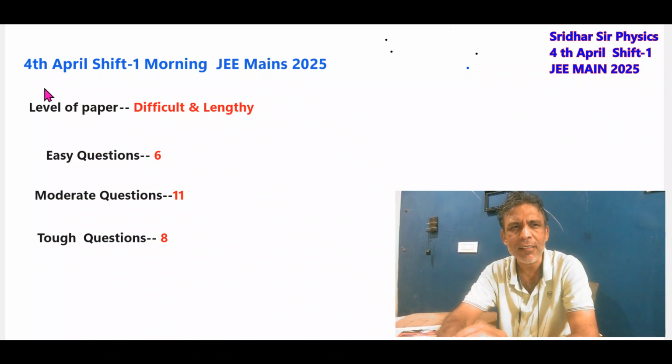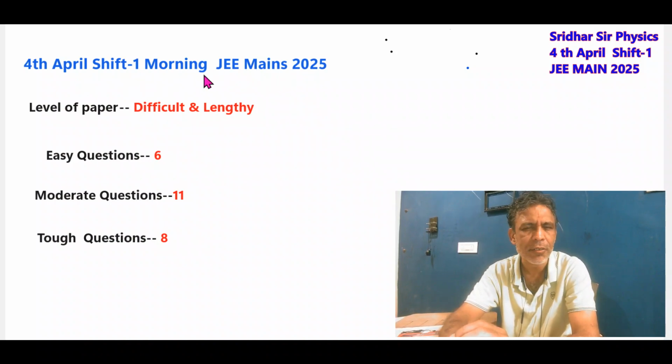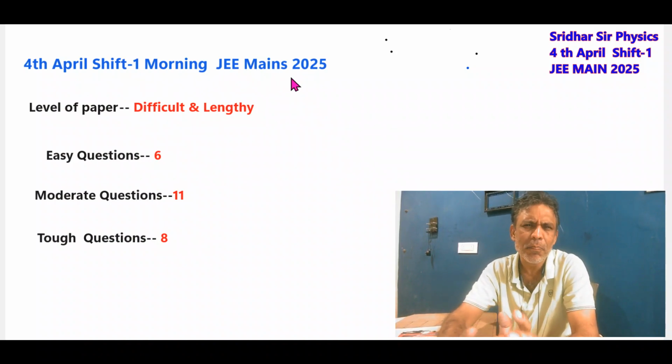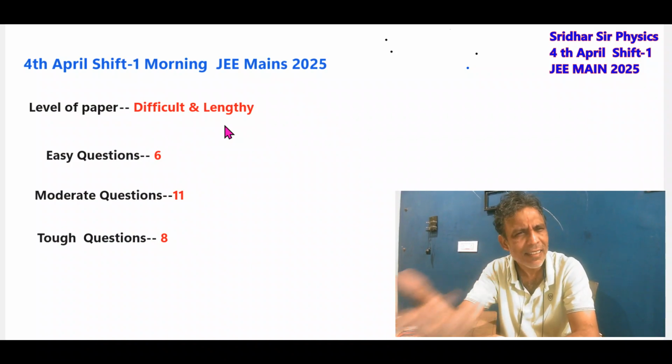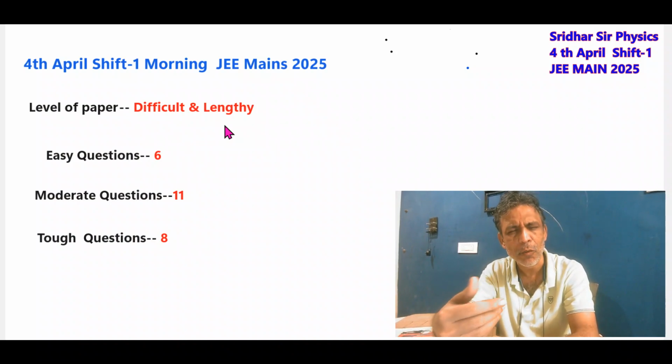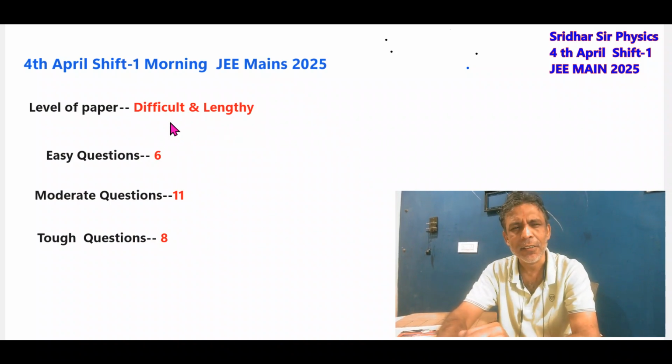Today's class we are going to discuss the 4th April shift 1 morning shift JEE Mains 2025. The level of the paper is difficult and lengthy. It happens in one or two papers that students really will cry, and there's such a paper where most of the students cried. So it's difficult and lengthy.